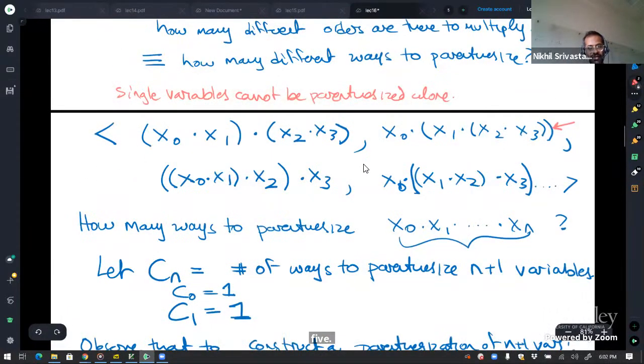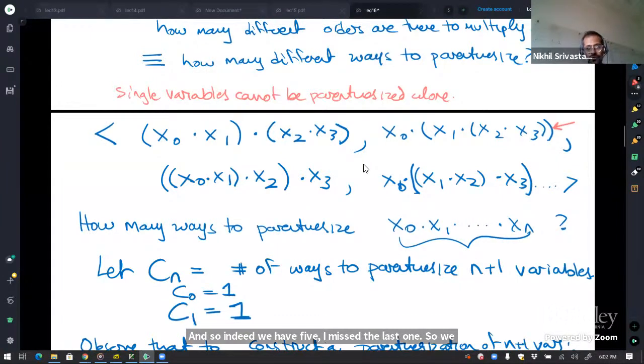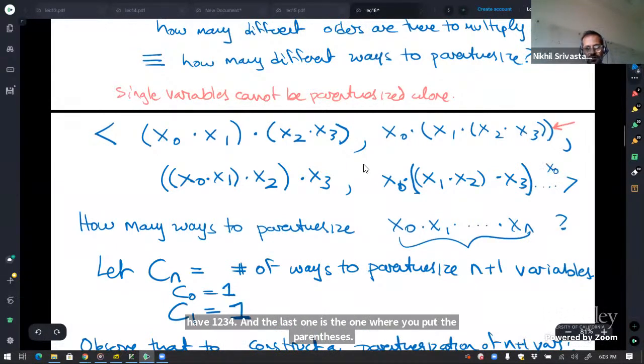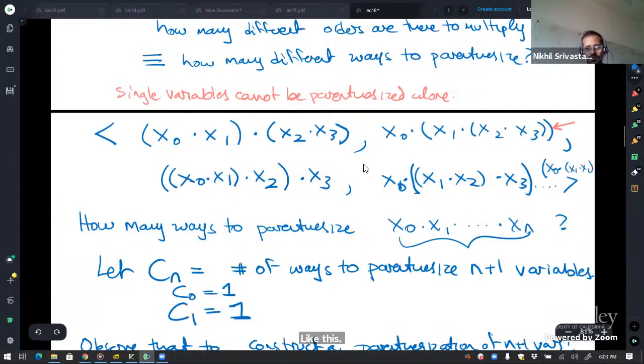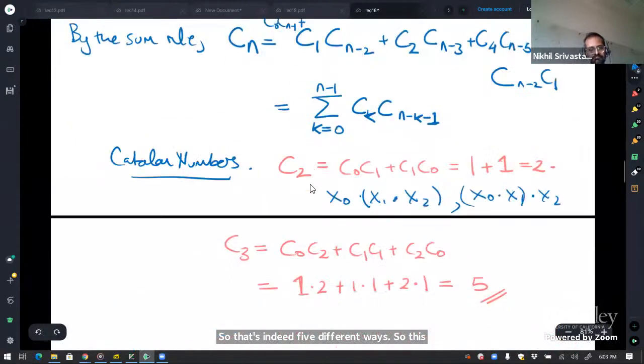And so indeed, we have 5. I missed the last one. So we have 1, 2, 3, 4. And the last one is the one where you put the parentheses like this. So that's indeed 5 different ways. So this formula that we derived works.